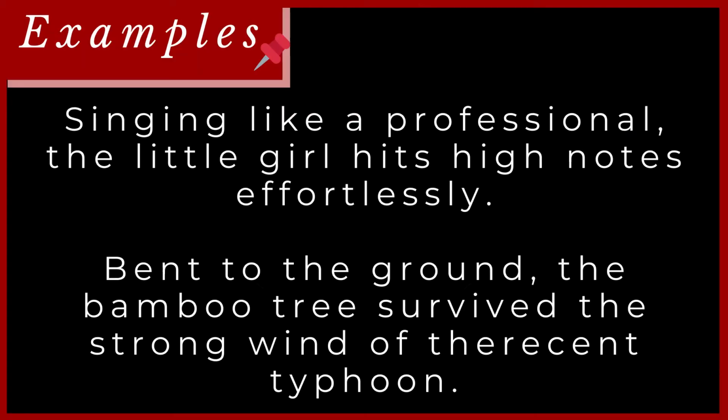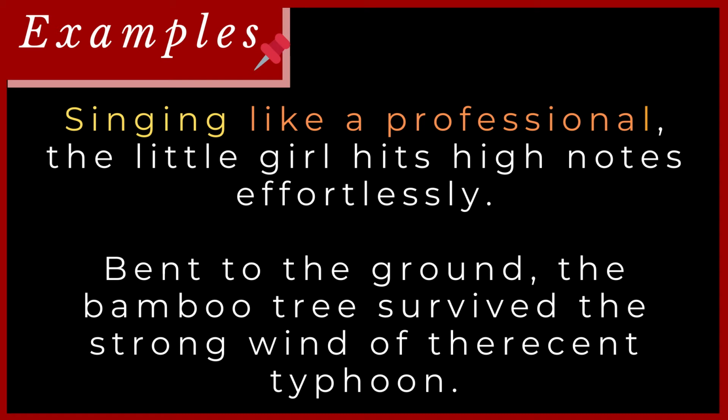Singing like a professional, the little girl hits high notes effortlessly. Bent to the ground, the bamboo tree survived the strong wind of the recent typhoon. In the first sentence, the present participle is singing, but the other words that come after it help complete the description that it gives.